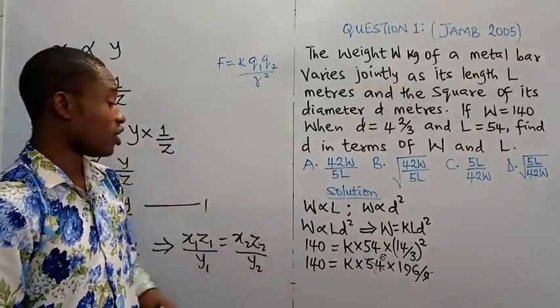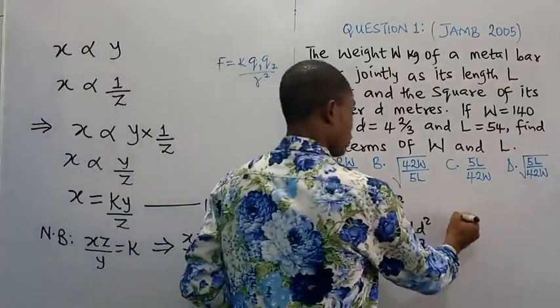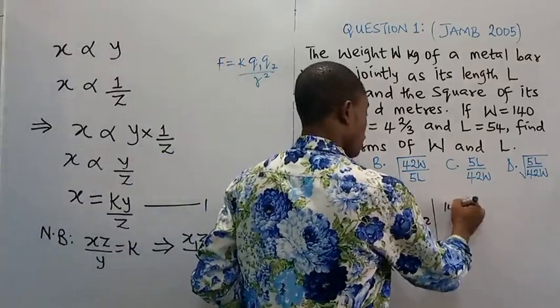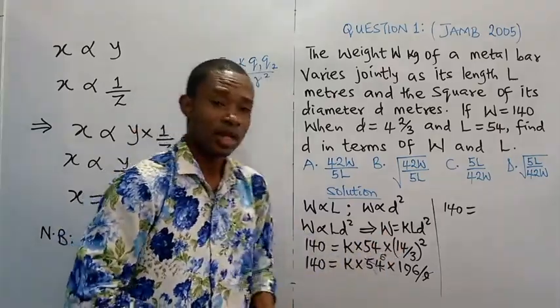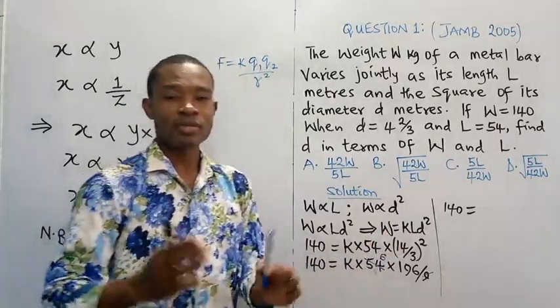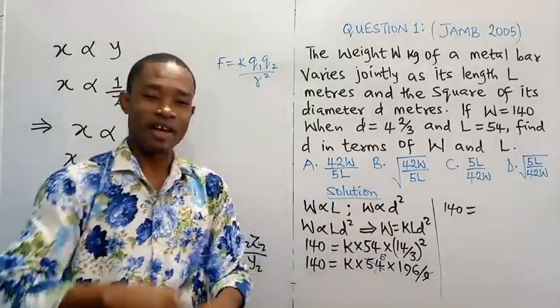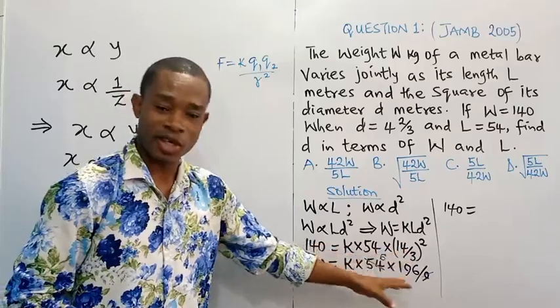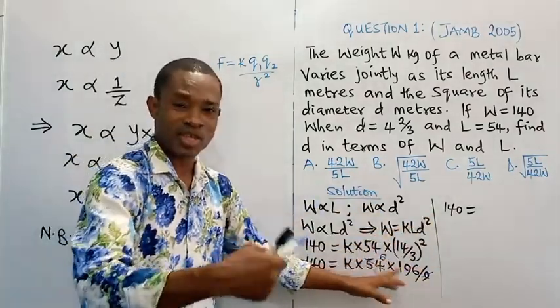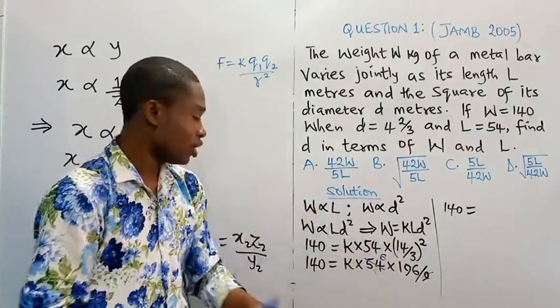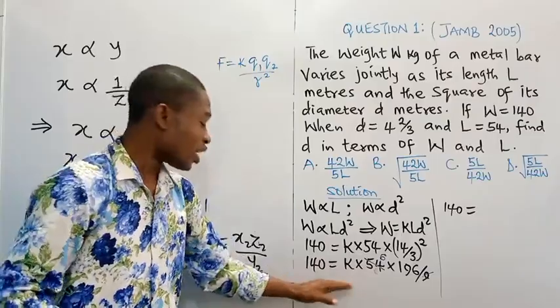So this is going to give us 140 equal to K times 6 times 196. But I don't want to multiply this place. I have to believe we have gone past that level. Now if I have K times 6 times 196, you know that I will get some value. 6 times 196 will give me a value which will multiply K, and that will be equal to 140.